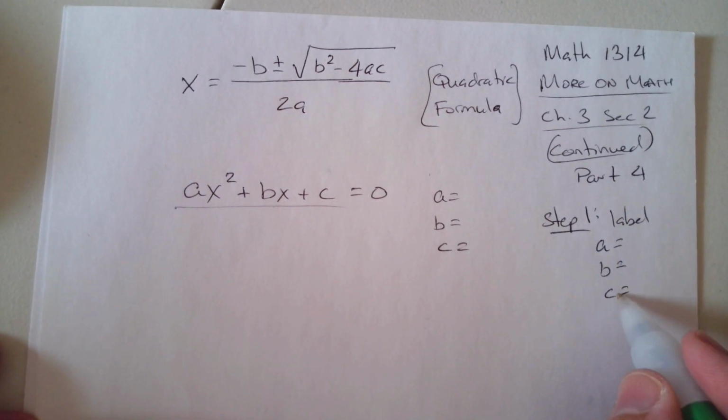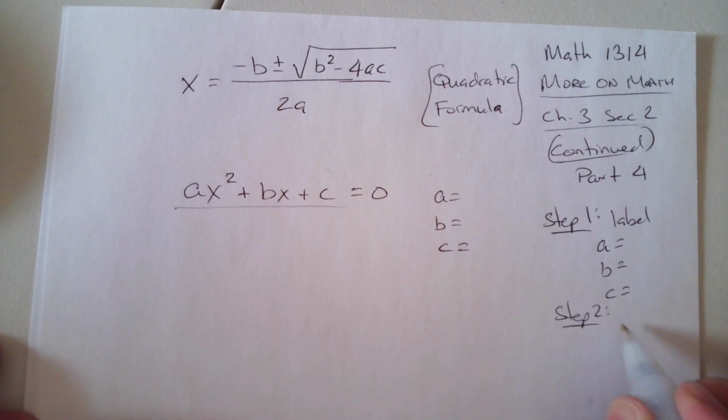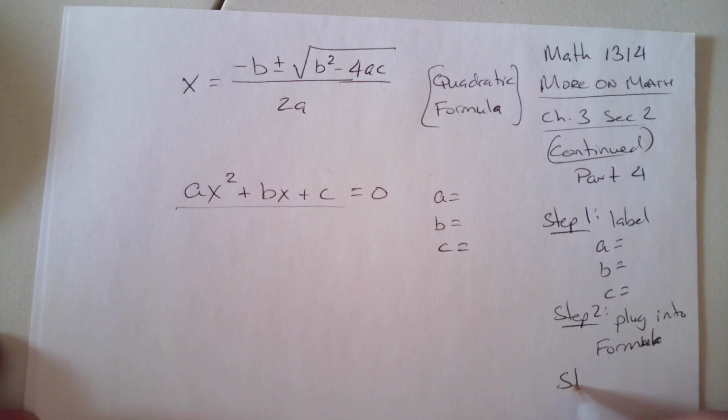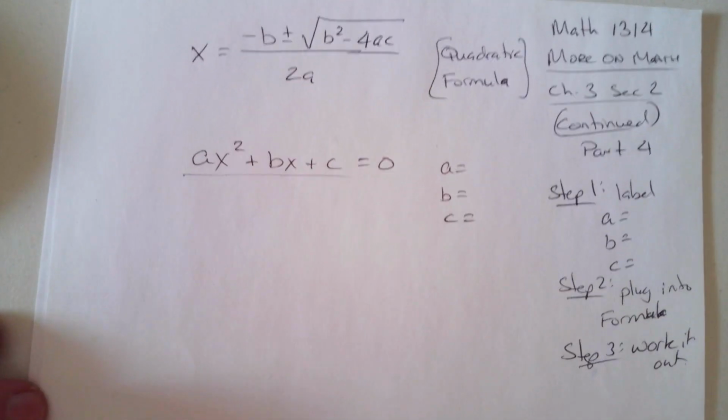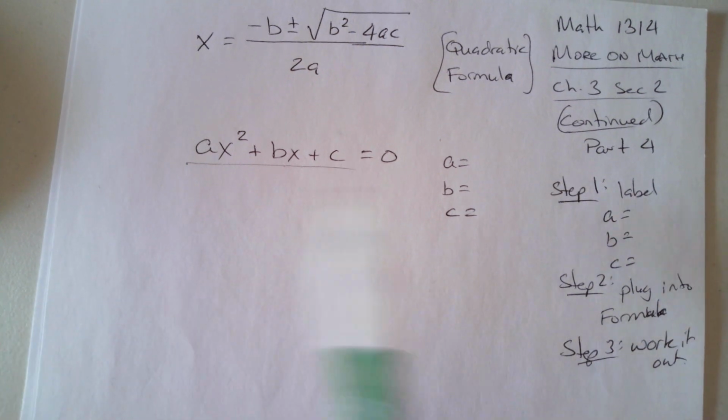And then from there, find A, B, and C. Step 2, plug into the formula. And step 3, work it out. There's nothing like we did last time where the leading term had to be 1. Nope, it is what it is.